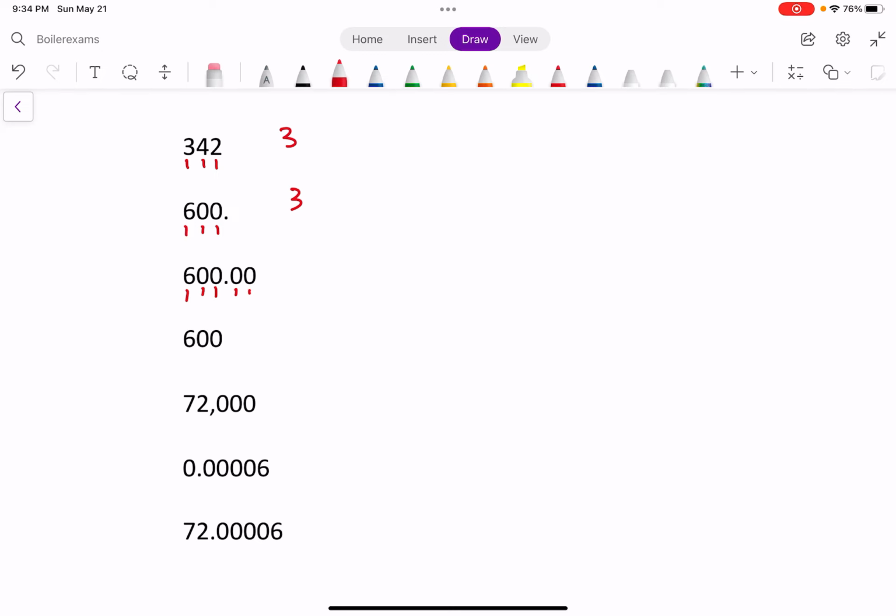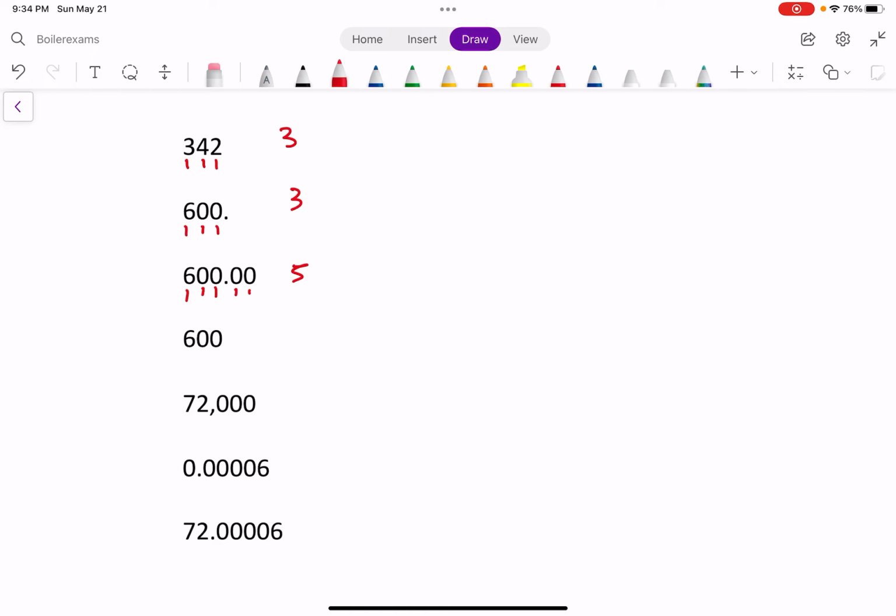But these zeros are also significant because this number on the left over here is non-zero. So the more logical interpretation here is that these are measured zeros, that whatever machine we used to measure them, those zeros were actually measured and they're not just being rounded. If they were just rounded, we would write it like this, 600. But anyways, we have 5 here, so this one's 5 significant figures.